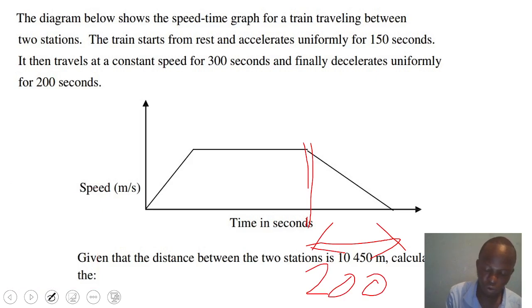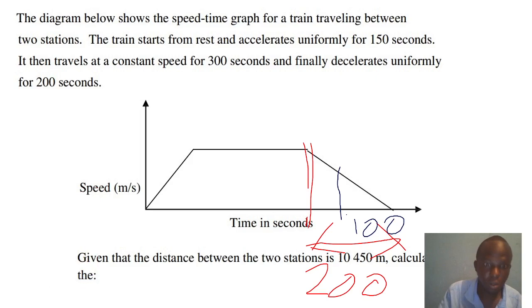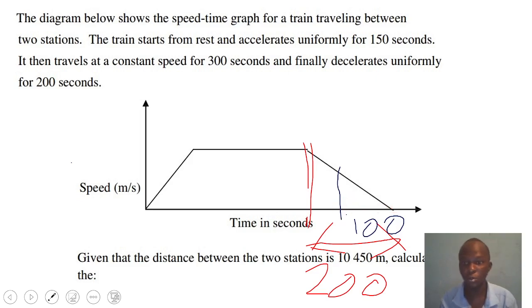We have to know where it is lying. 100 seconds is lying between this point up to that point. From this point up to this point, that is 100 seconds.